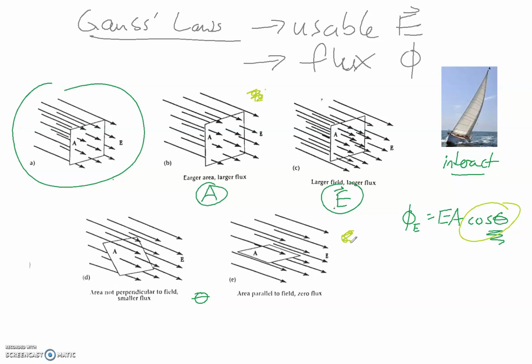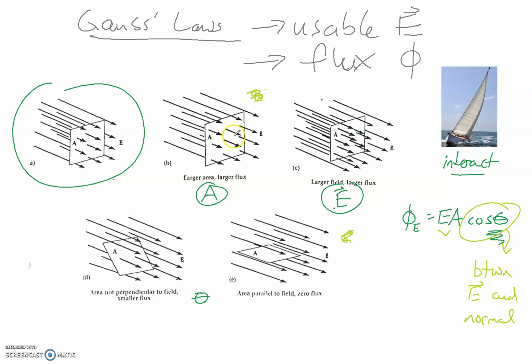The angle isn't measured between the electric field and the area the way it's pictured here. This angle right here is actually measured between the electric field and the normal of the area. Okay, so areas actually have a vector that comes out of them, and I'm going to draw it here.